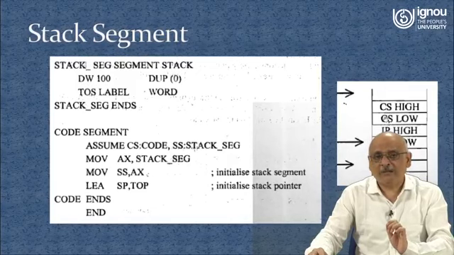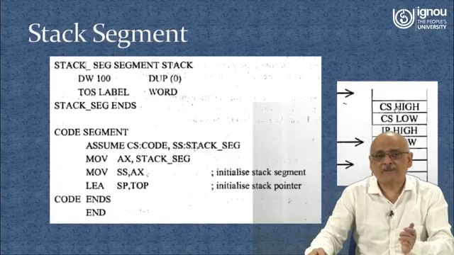How many bytes is a data word in 8086? A byte is 8 bits and a data word is 16 bits, so 2 memory words. When we put a value, for example CS, we put CS high as well as CS low in one go within the stack. Similarly, IP high and IP low is one entity within the stack.